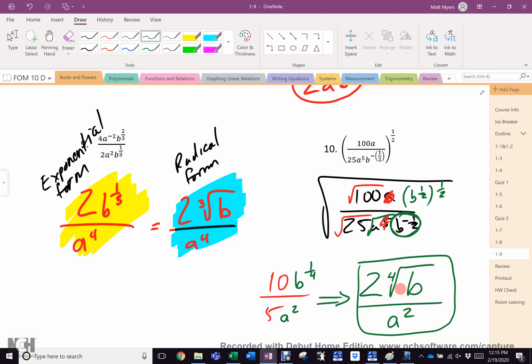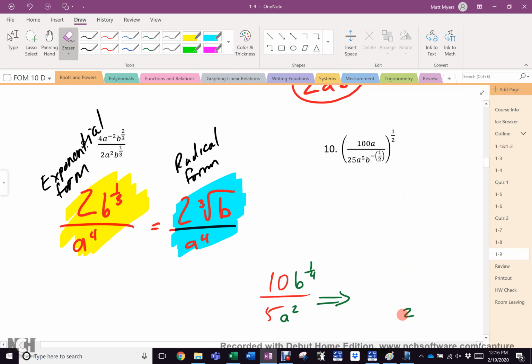There is not one of you that is totally lost on that. You're liars. Every single one of you could have done some of that. Now, could we have done it a different way? Because the square root thing kind of is a mess, isn't it? Could we also have just done our exponent laws? Could I have brought this 1/2 into everything?